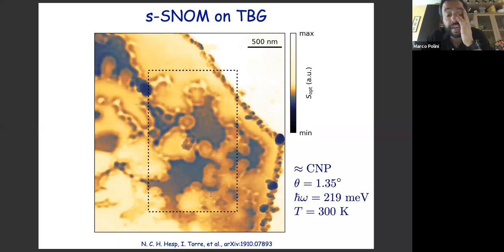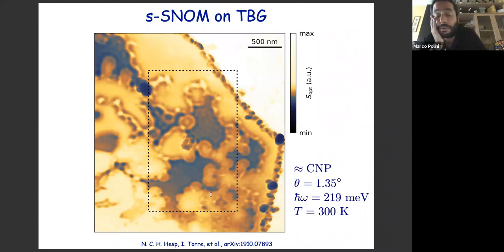So we were motivated by these experiments carried out at ICFO by Frank, and we tried to help out with Jacopo and a number of other theorists in understanding these excitations. So this is a SNOM map done on twisted bilayer graphene.